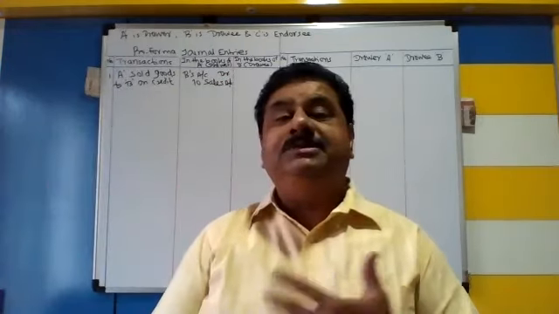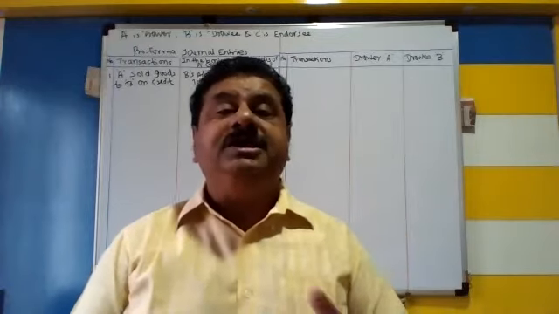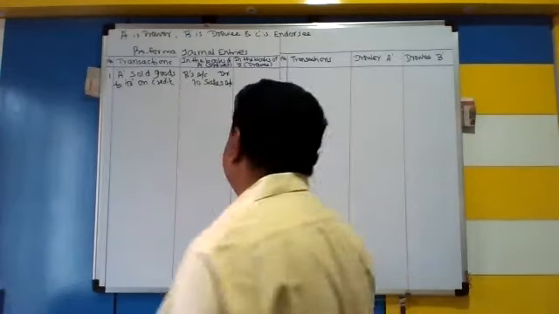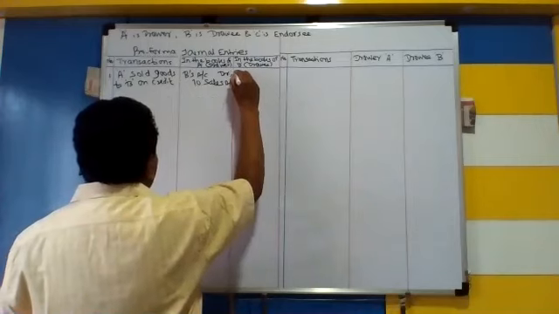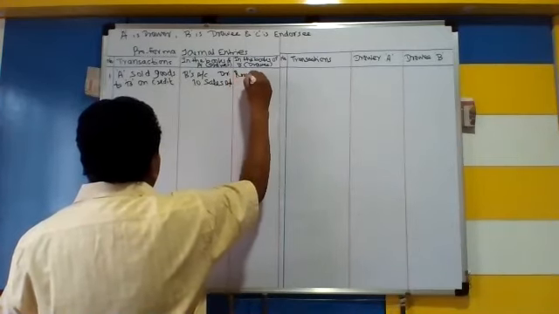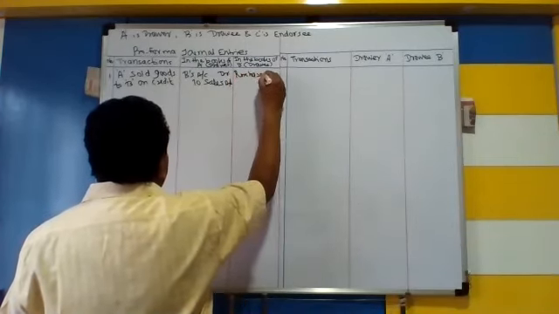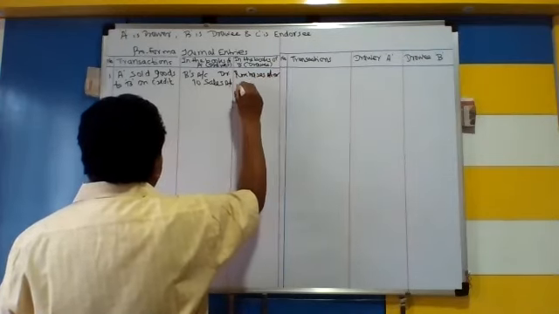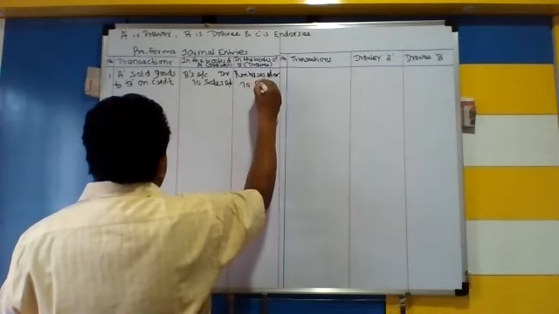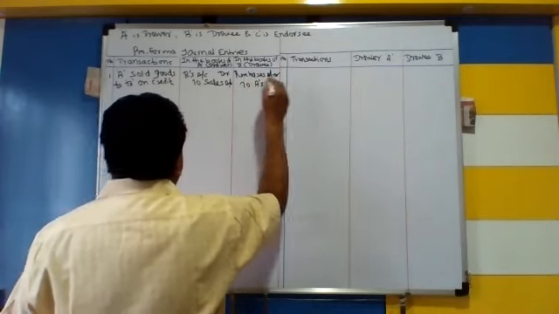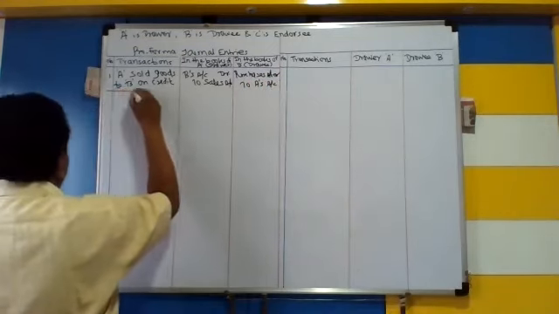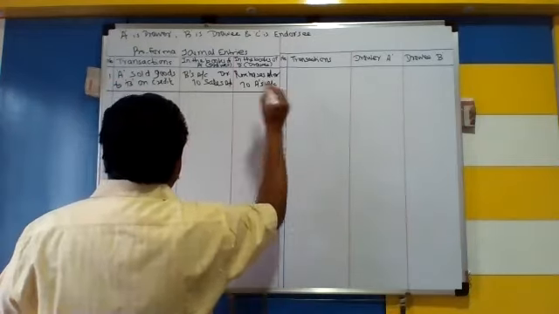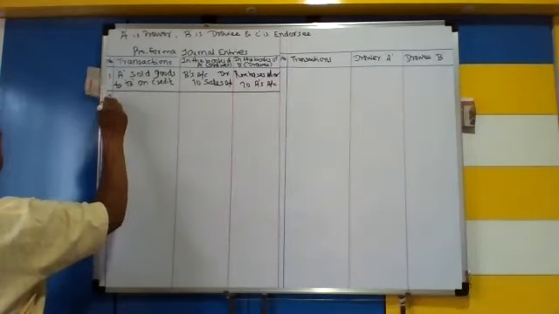Now sales of Mr. A are purchases for Mr. B. So he will write the entry as purchases account debit to A's account. So this is entry number 1.